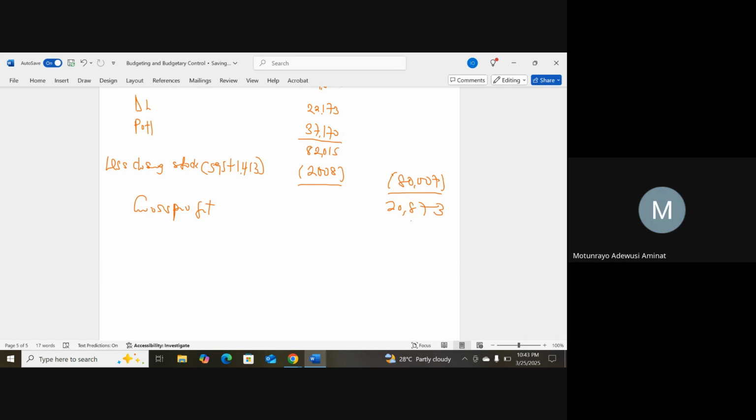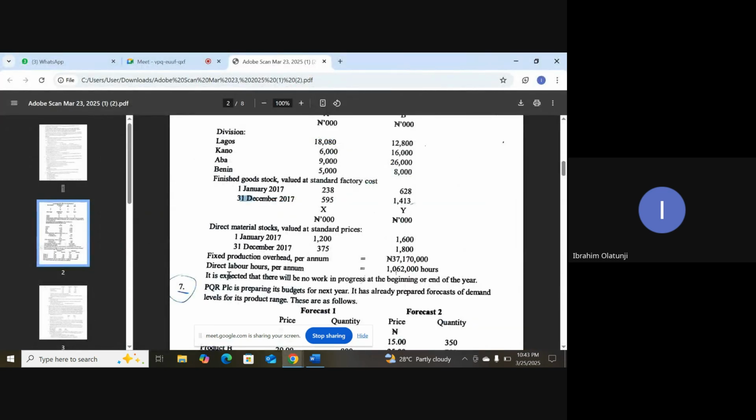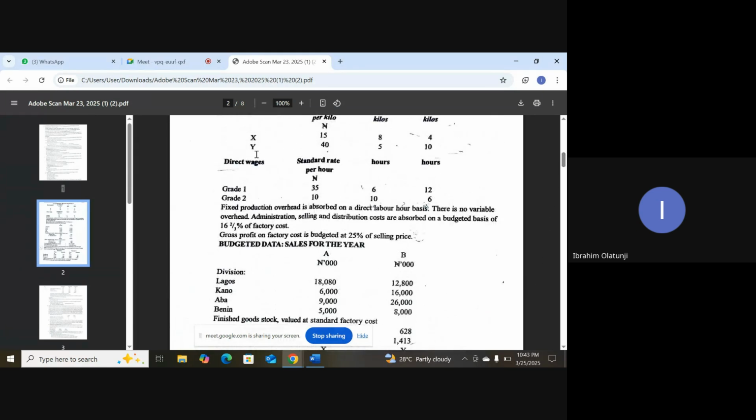Hope it's clear. Do we have expenses? Yes, sure. So these expenses that we are lessing, they are already given in the question. They said there is no variable overhead.